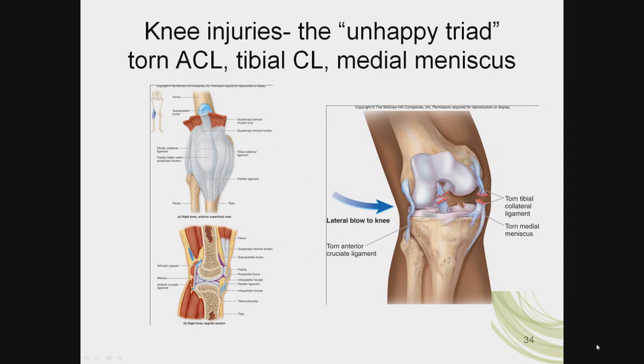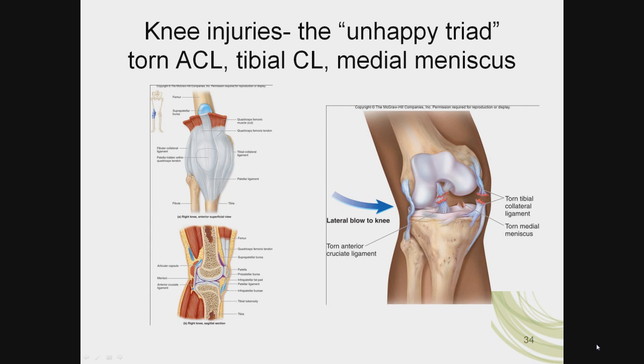The anterior cruciate ligament, ACL, can be injured when the leg is hyperextended. For example, if a runner's foot hits a hole. I've done that so many times. Because the ACL is rather weak compared to the other knee ligaments, it is especially prone to injury. To test for ACL injury, a physician asks a person to sit on the table with their knees bent, and the physician will gently tug anteriorly on the tibia.